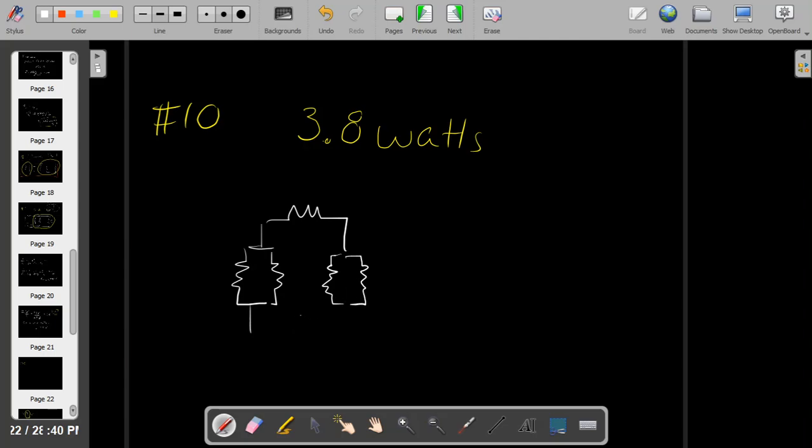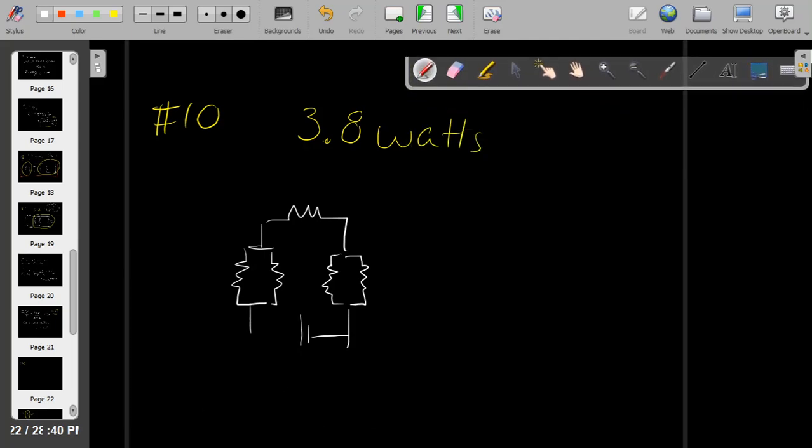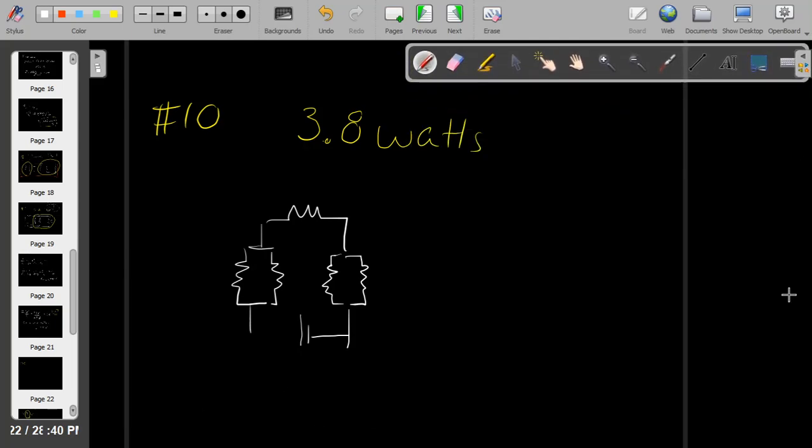And then the battery was placed right here. Let me see if I can move that. Okay, I'm moving it up. Okay, there you go.